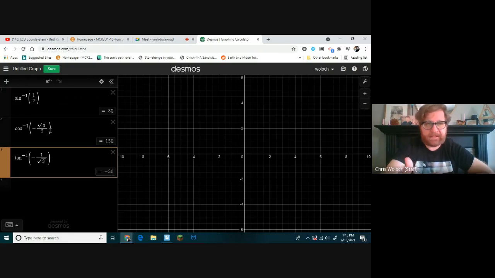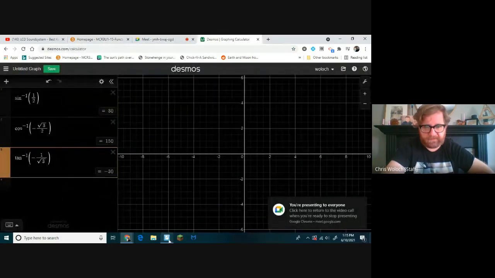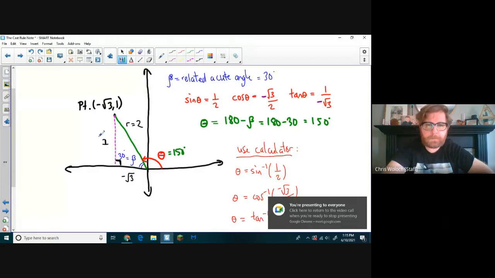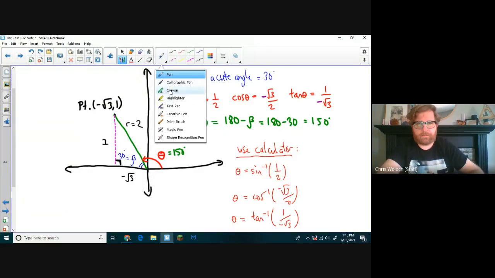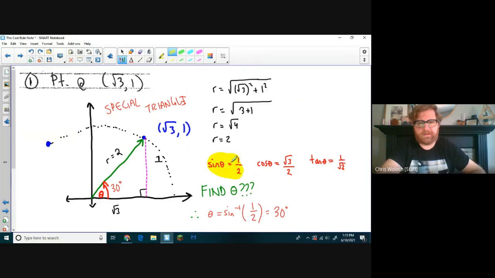Your calculator can only give you one answer. Unfortunately, when I'm swinging into different quadrants, look at the ratio: sine theta is 1/2, and look at this one, sine theta is 1/2.